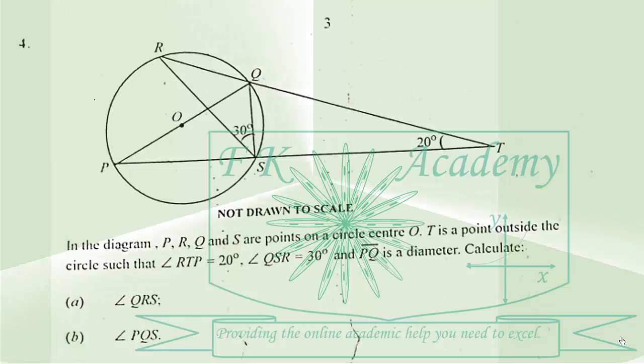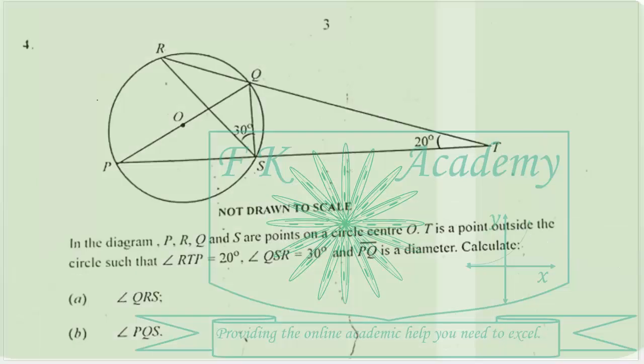Calculate angle QRS. So remember, the question says PQ is a diameter. The diameter will create an angle of 90 degrees at the circumference here. So the whole of this angle here is 90 degrees.